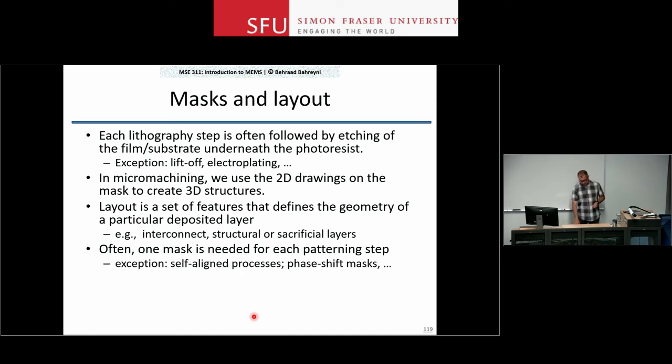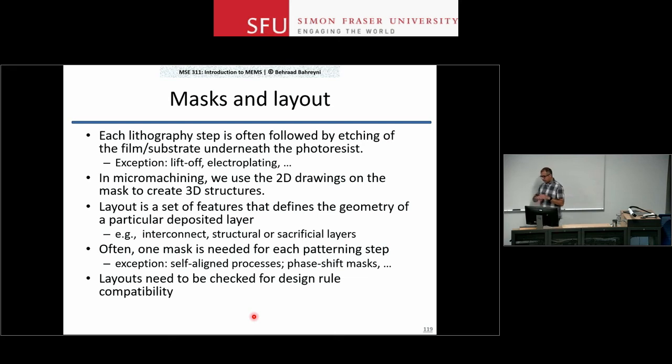Now, each mask will have one layer of information on it, and each mask has to be aligned with the previous mask, with whatever you have on the wafer. Remember that you have the layout of the device. There is a beam, and there is metal right on top of that beam. The beam is made through one fabrication step, one lithography step.